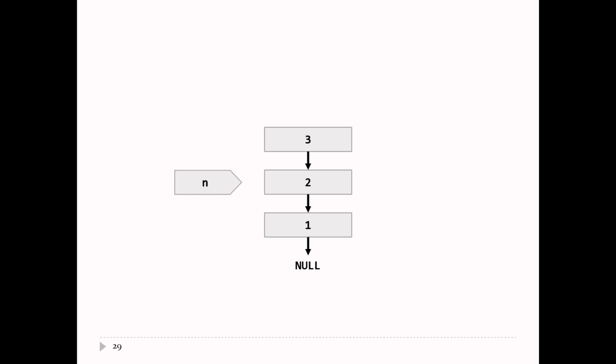Similarly there, and one more time. Now we follow its link, and it's a null. So when n points to null, the loop doesn't run, and it stops. If you were to draw m in this sequence as well, then m's on top of n. So m always points to the node in front of n, and you'd see that m points to the last node in the sequence.